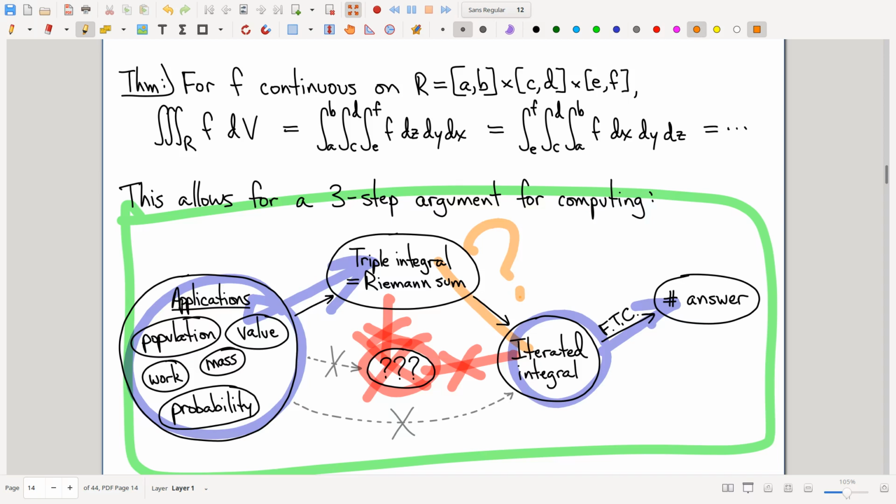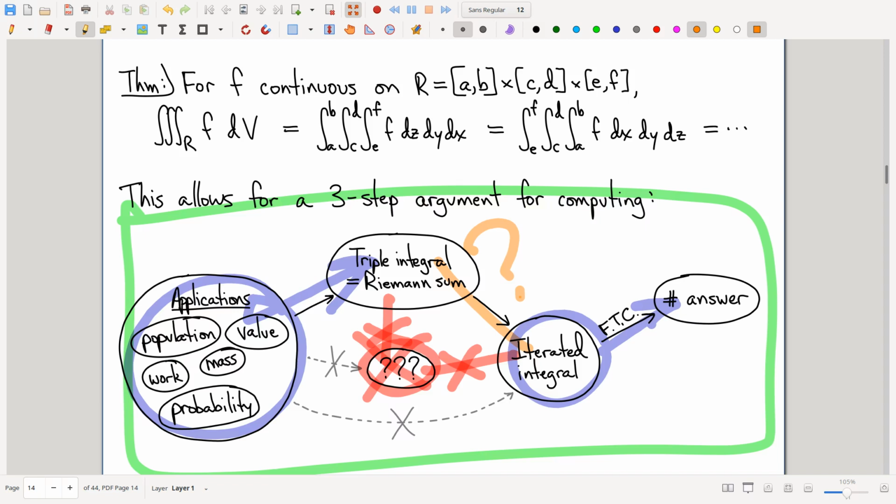And the answer is I'm going to ask you to trust me because while there is no geometric argument that I can make like I did with double integrals, there is a perfectly acceptable algebraic argument that you can make, and it's just that algebraic argument has some delicacies to it, and I don't think it's worth writing that down.